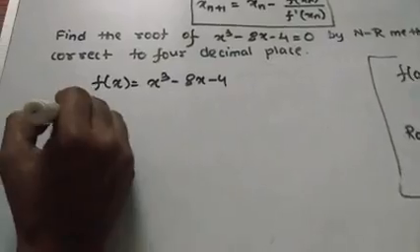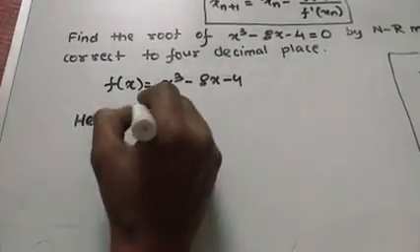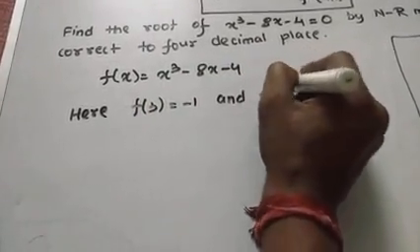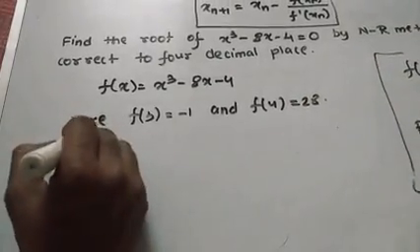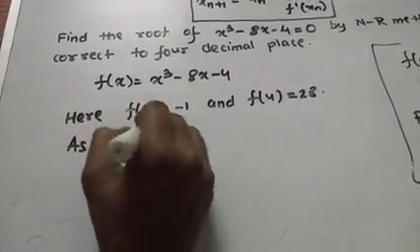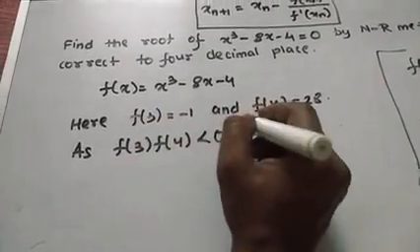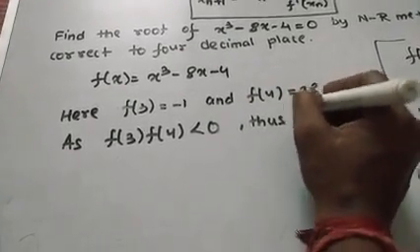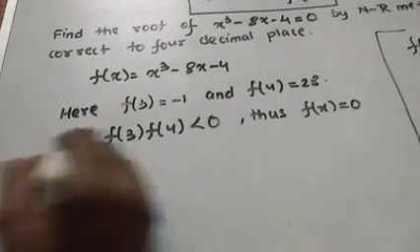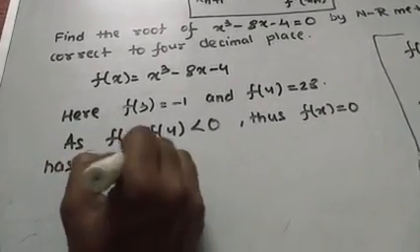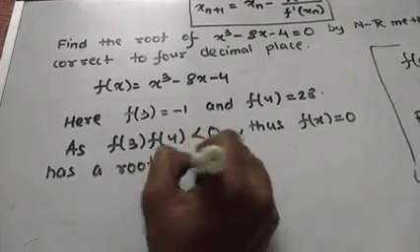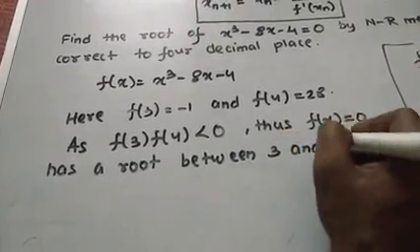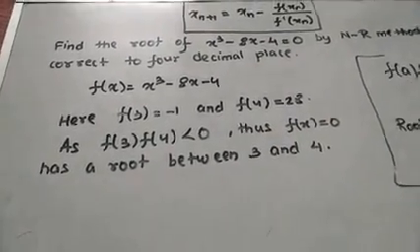First of all write that f(3) equals minus 1 and f(4) equals 28, as f(3) into f(4) is less than 0, thus f(x) equals 0 has a root between 3 and 4. Clear? In this way we have to write the solution as we started from here.